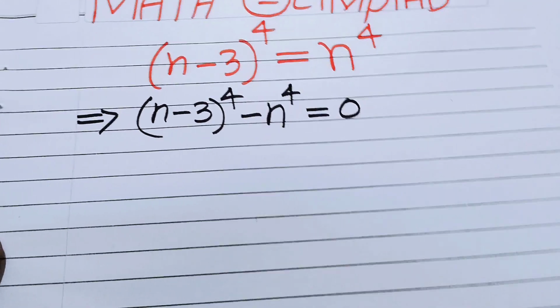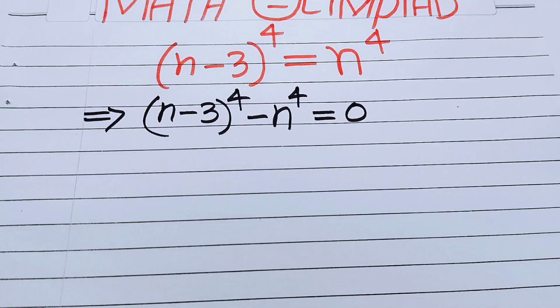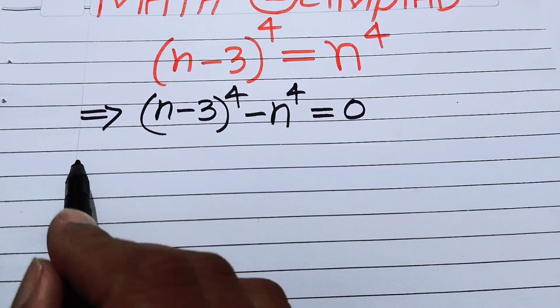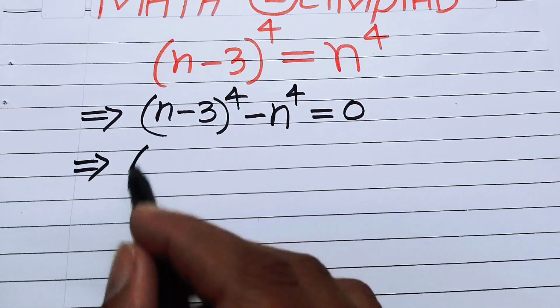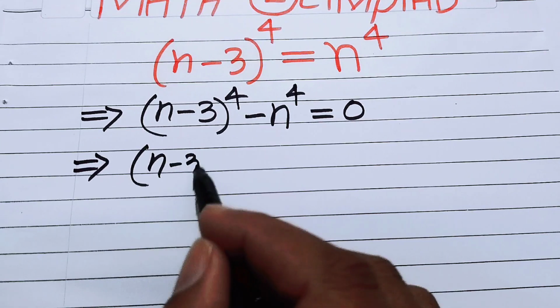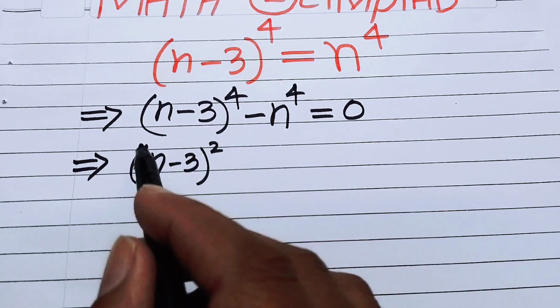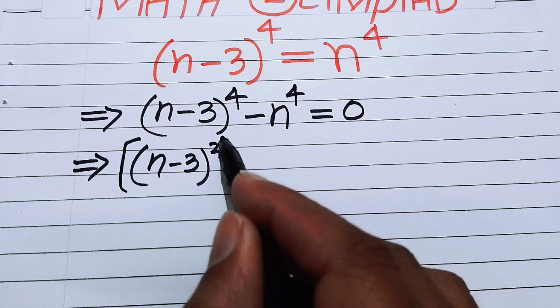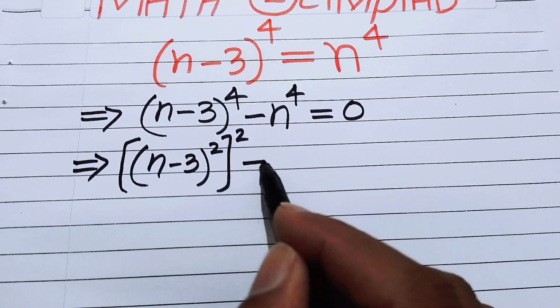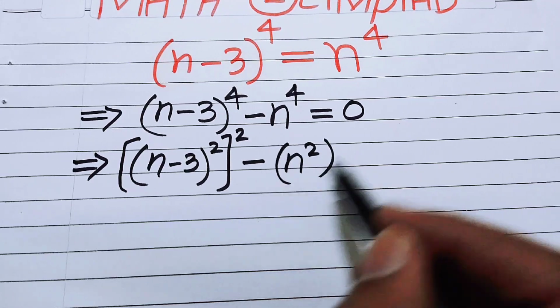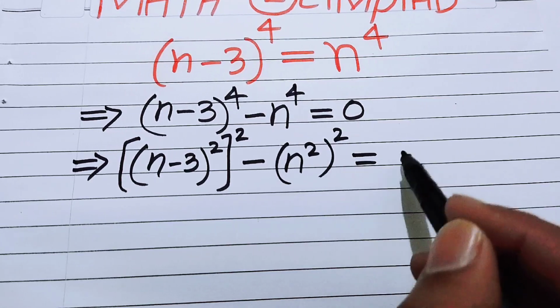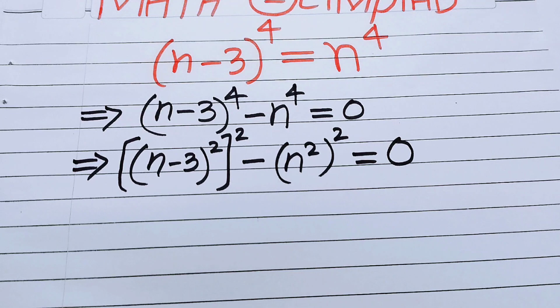In the next step we will again rewrite this equation as ((n minus 3) squared) squared, minus we write this n to the power of 4 as (n squared) squared, and this equals 0.